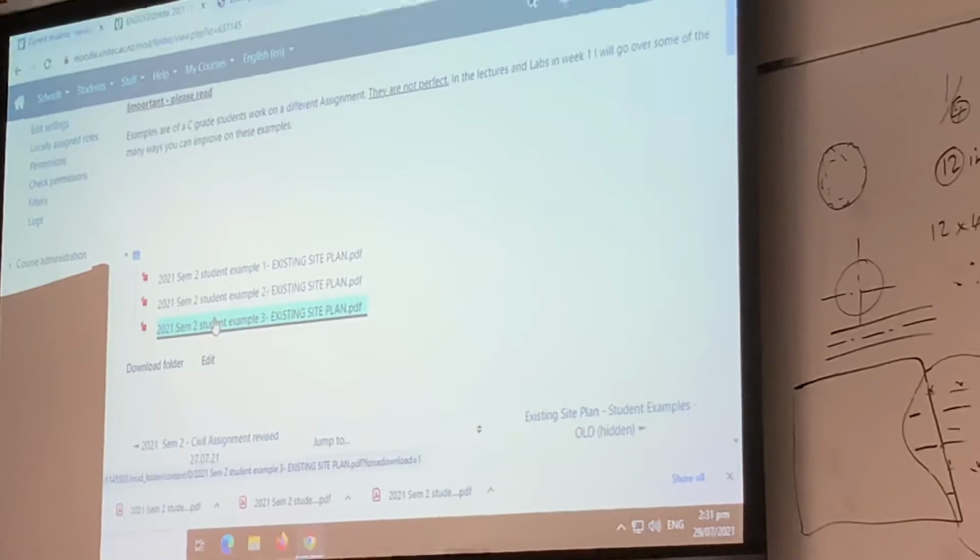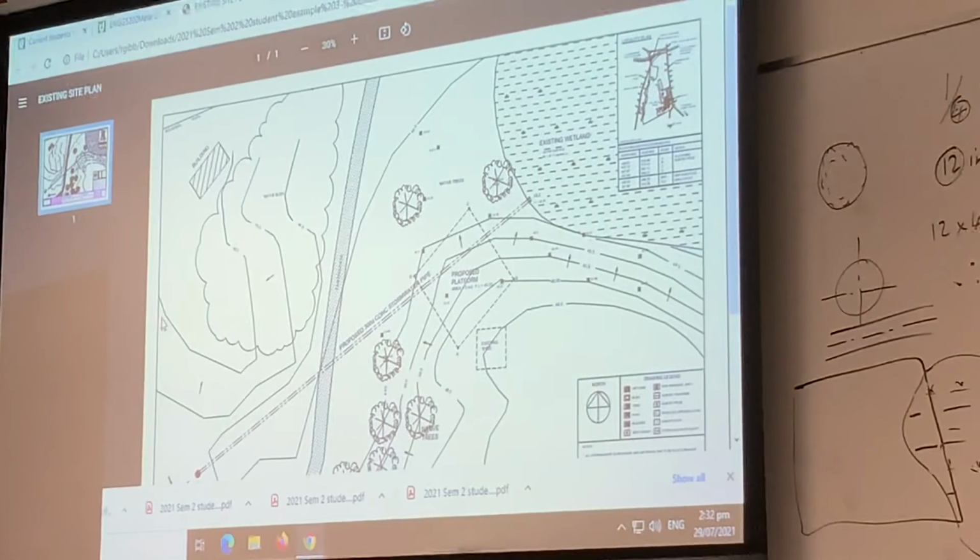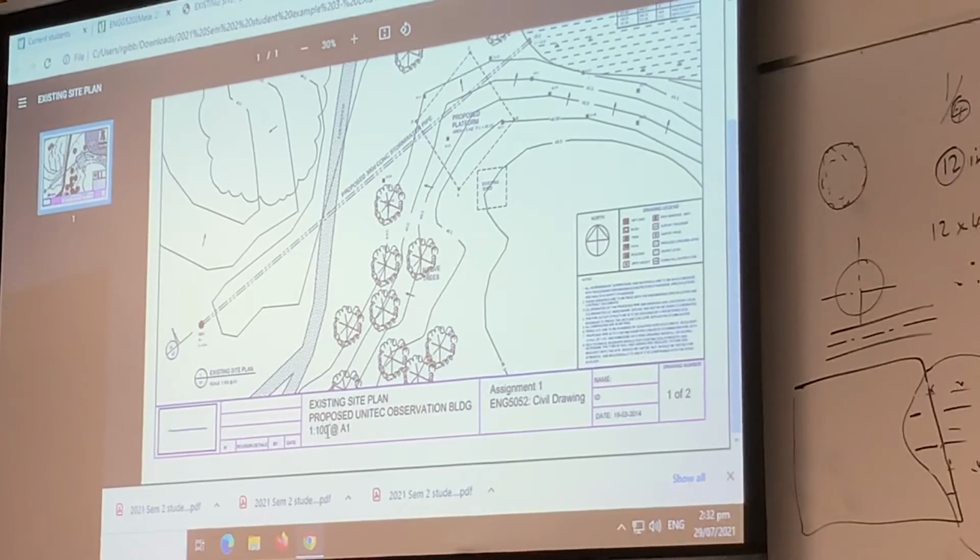We tend to put 1 to 100 at A1, like that. But this student decided that they were a little bit better than everybody else and decided to put lowercase text on the title block.